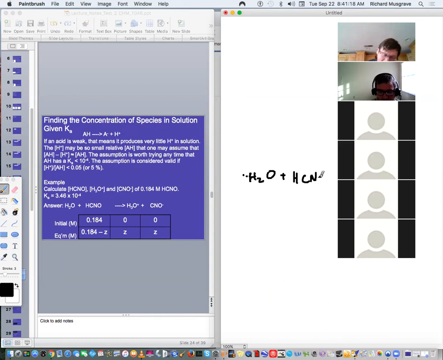Now you don't have to do the H2O if you don't want to, because we are dealing with Ka, so it's H3O plus CNO minus. The setup is very similar to what we were just dealing with.